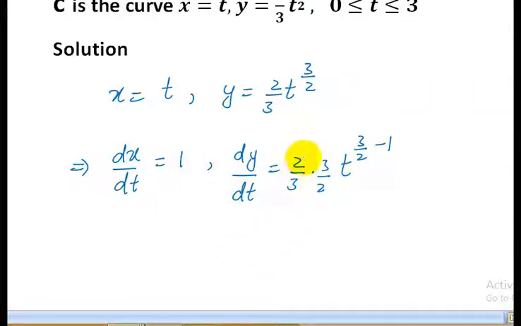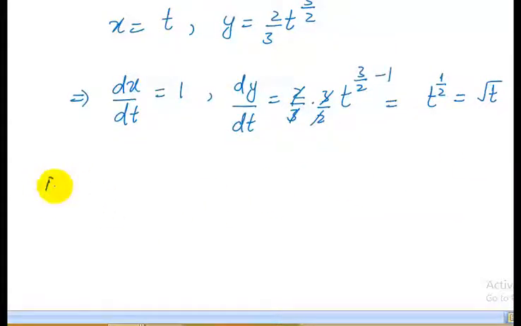As it is cancelled out, dy upon dt is equal to t raised to power 3 by 2 minus 1, which is equal to t raised to power 1 by 2, which is equal to square root of t.